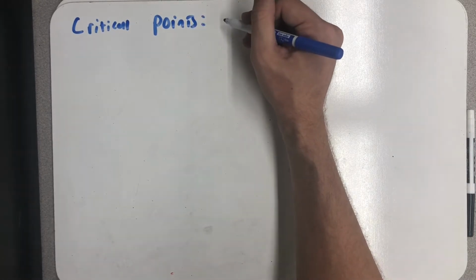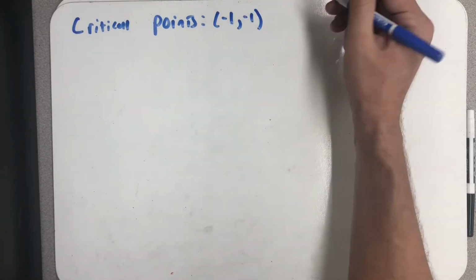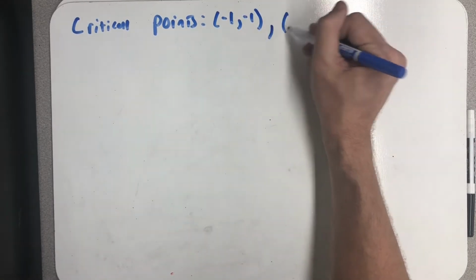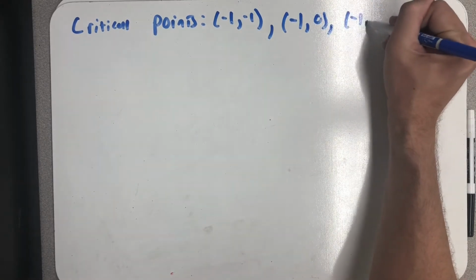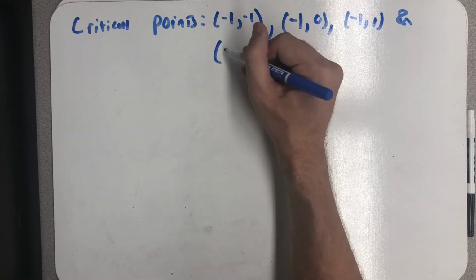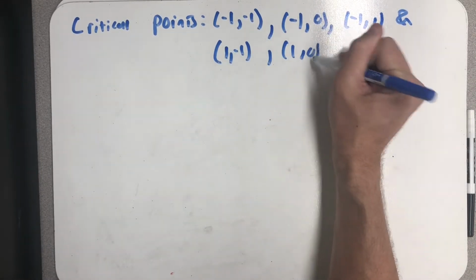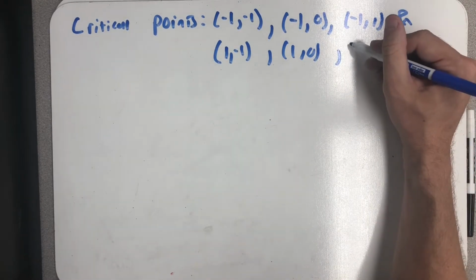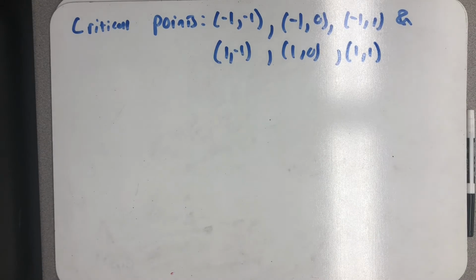So let's write those out. (-1, -1), (-1, 0), (-1, 1), and (1, -1), (1, 0), and (1, 1). Those are my critical points.